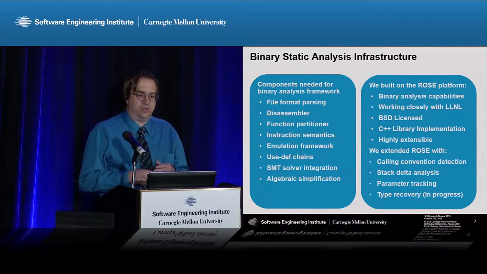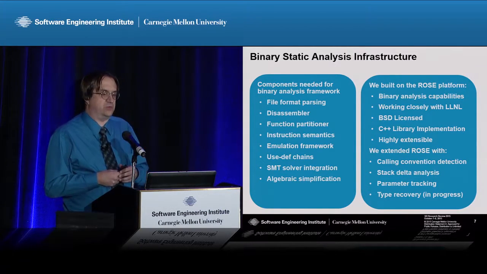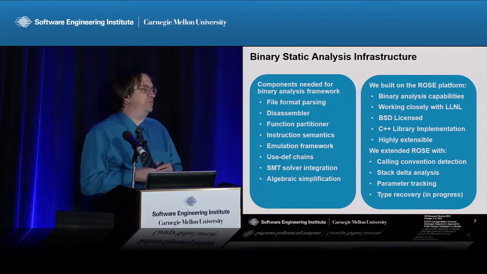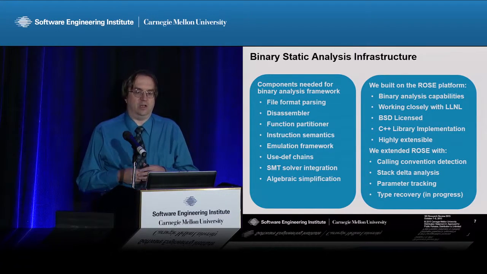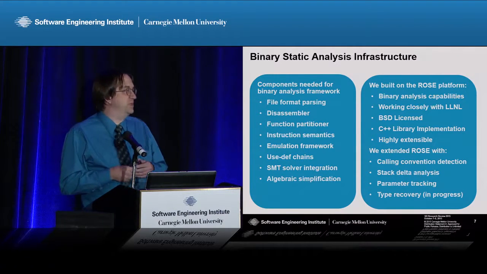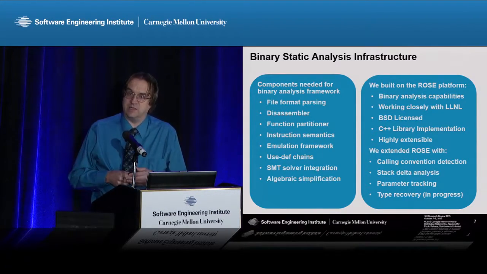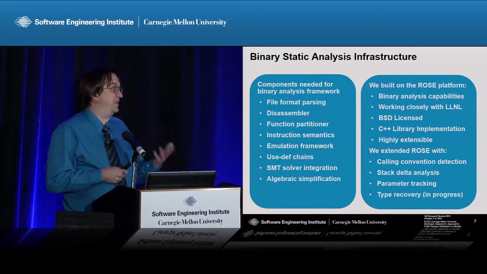And we looked around a little bit and we found the ROSE platform. It's a compiler platform primarily, source-to-source transformation. But we've been working very closely with LLNL for a number of years on the ROSE platform. It's open sourced, it's BSD licensed. It's a C++ library, it's highly extensible, and we've been extending it.